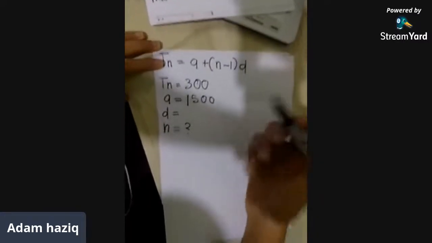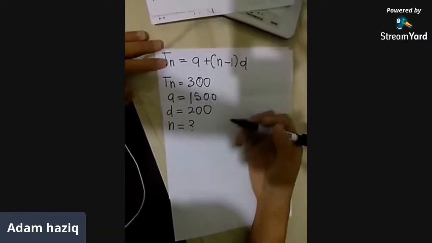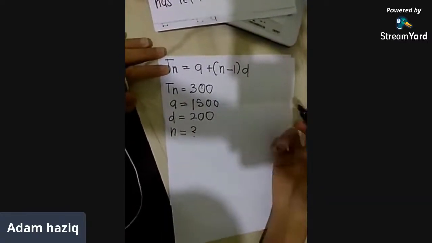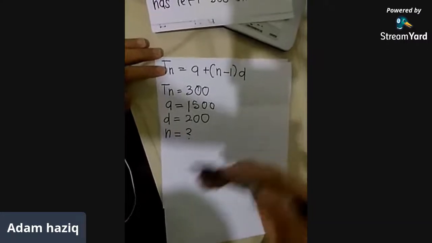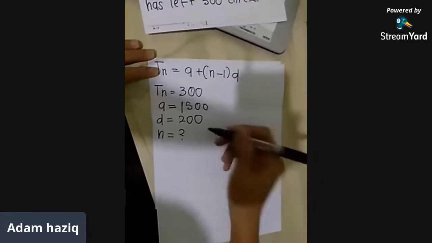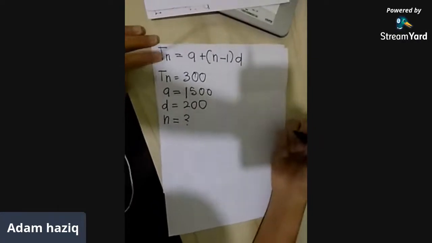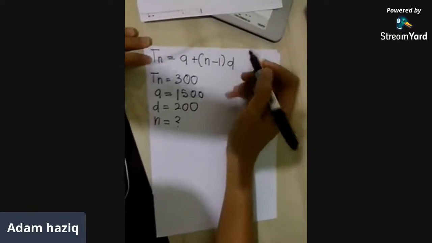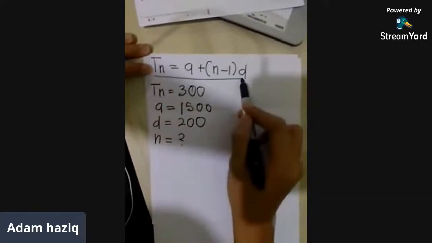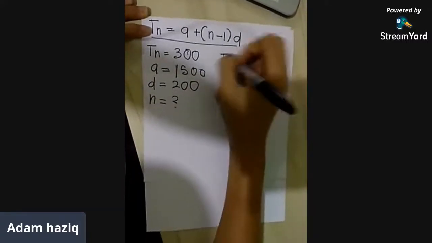And lastly, d would be 200 because he sells 200 chickens per day, meaning that the progression decreases 200 chickens per day. So the common difference would be 200. Next, we substitute the values into this formula right here, and then we solve it in order to find the value of n.